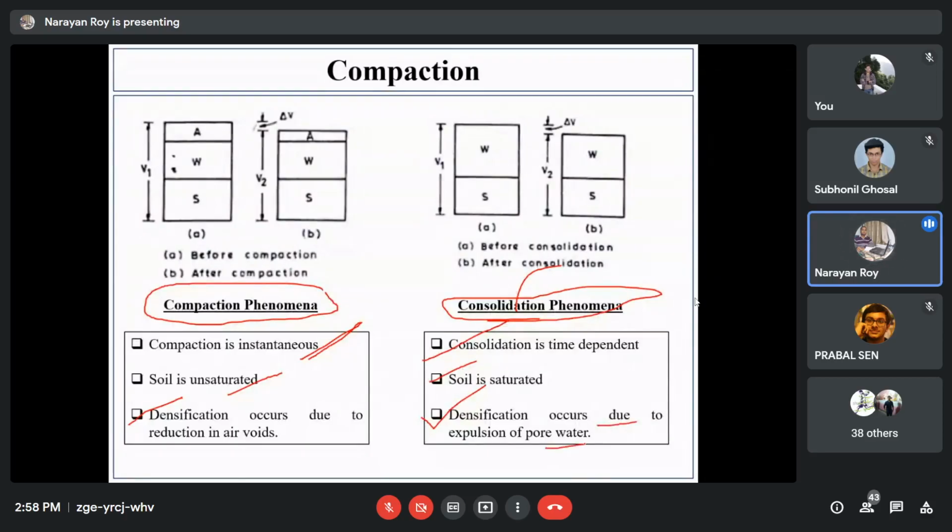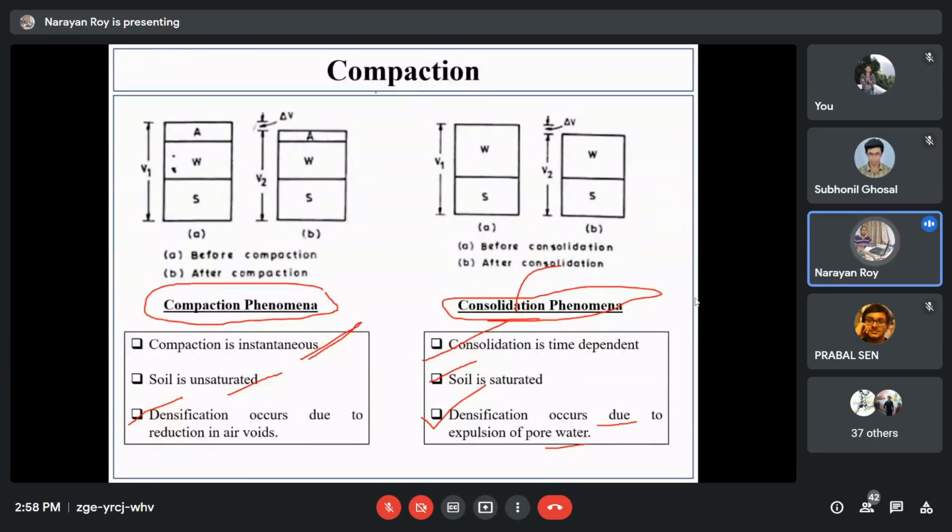As the water dissipates, the excess pore water pressure decreases, and the same amount of pressure transfers to the soil grains, increasing the effective stress of the soil. These terms, excess pore water pressure and effective stress, may be a little difficult to visualize now, but you understand the basics. In consolidation, densification occurs due to the expulsion of pore water, and in compaction, densification occurs due to the reduction in air voids only.